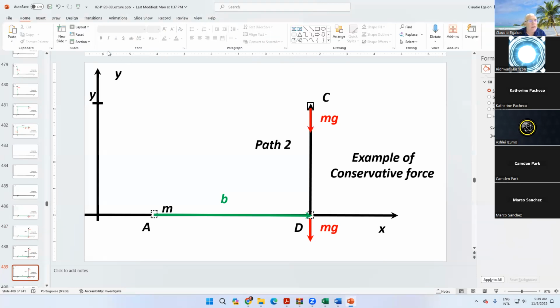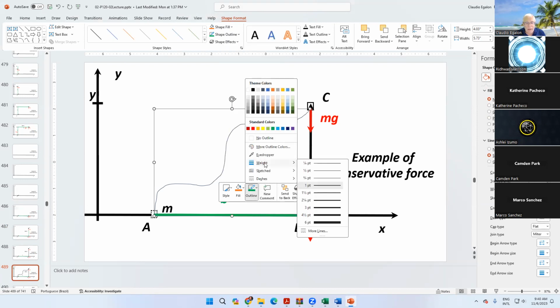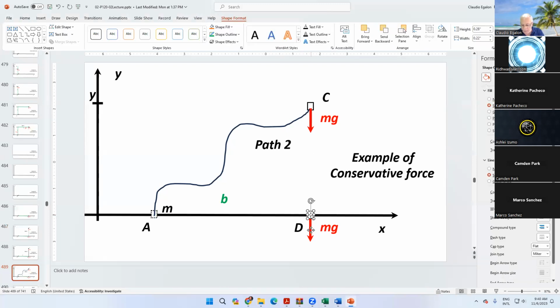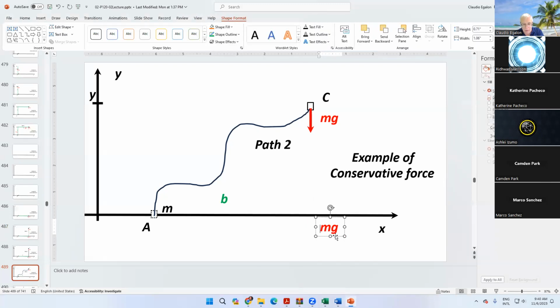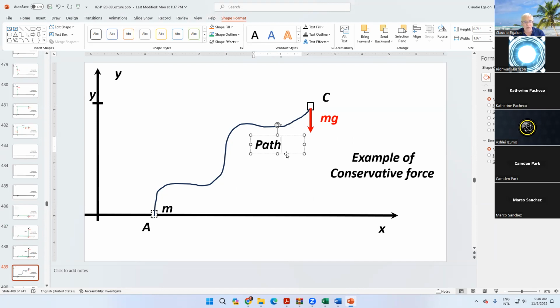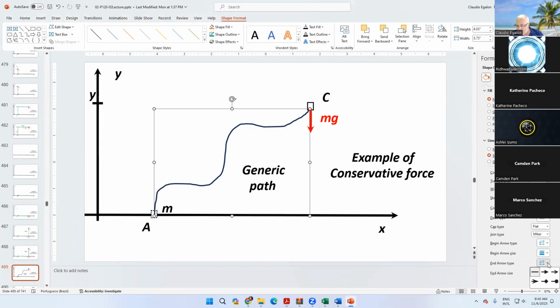I'm going to make it thicker to look nicer, and add an arrow there as well.